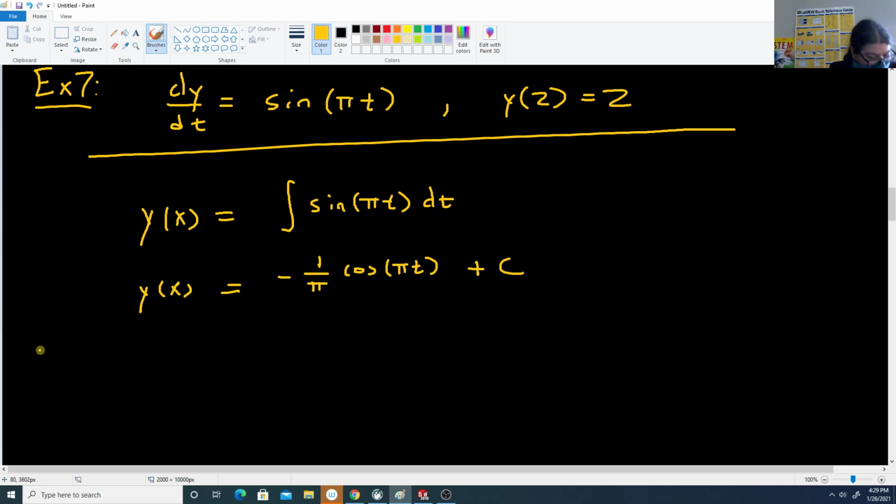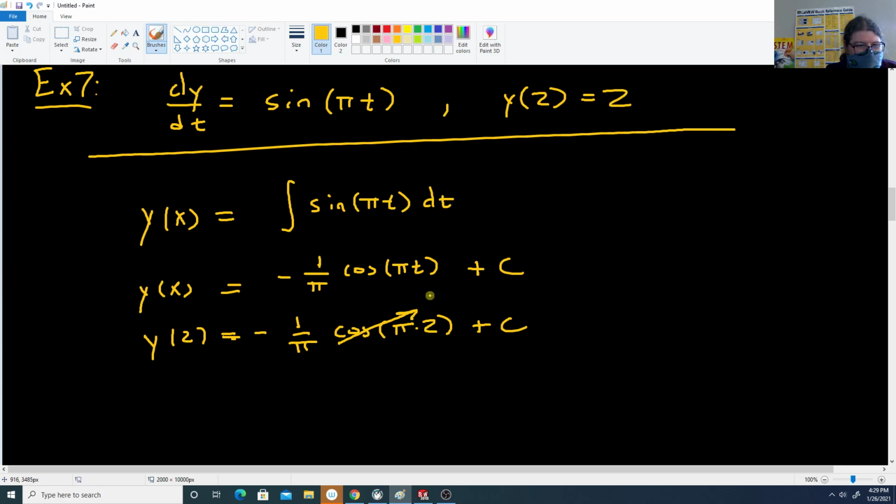So now to figure out what's the actual c value that's going to work, we're going to use y of 2 equals 2. So if I have y of 2, that would equal negative 1 over pi cosine of pi times 2, plus c. Cosine of pi times 2, that's cosine of 2 pi.